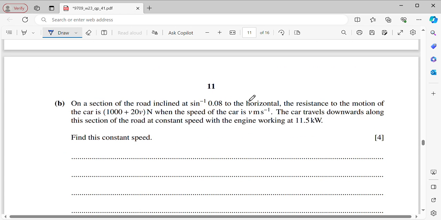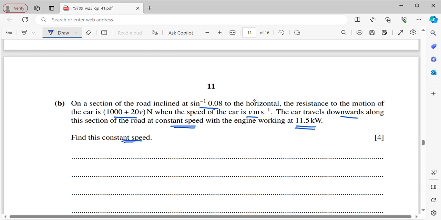Okay, so now for the part B, on a section of the route inclined at inverse sine 0.08 to the horizontal, the resistance to the motion of the car is this amount. When the speed of the car is v meter per second, the car travels downwards along this section of the route at constant speed with the engine working at 11.5 kilowatt.